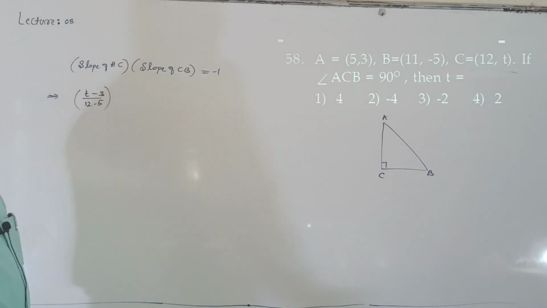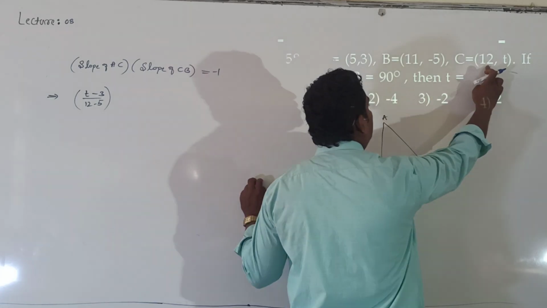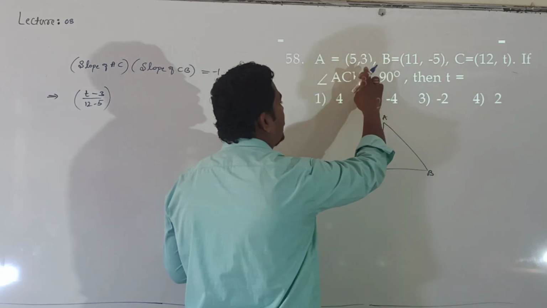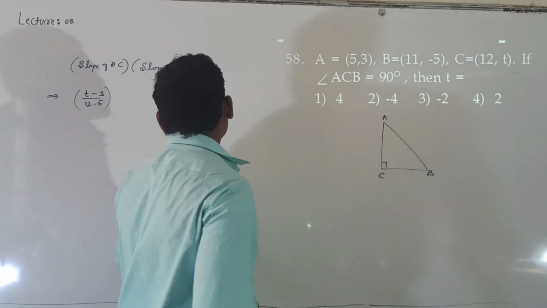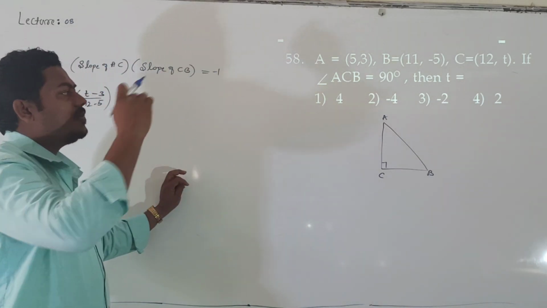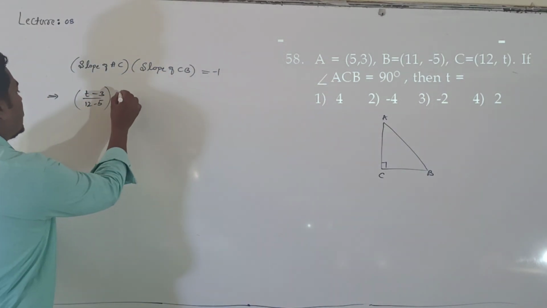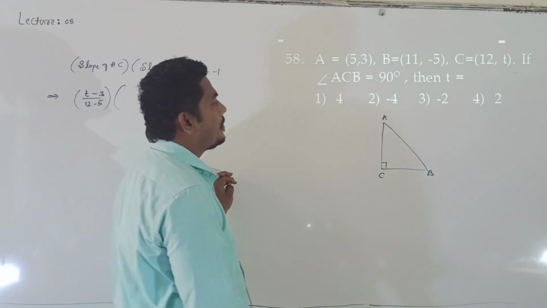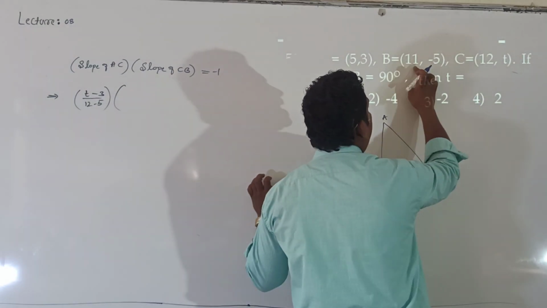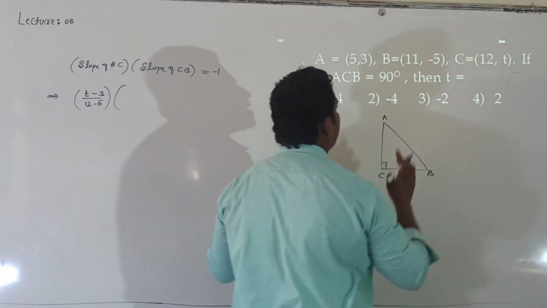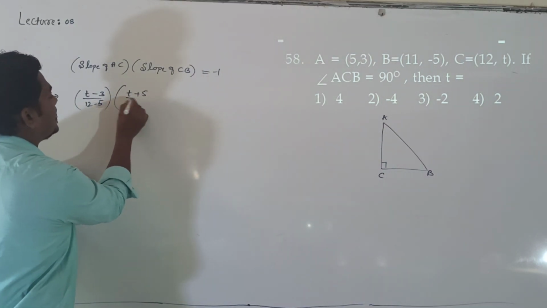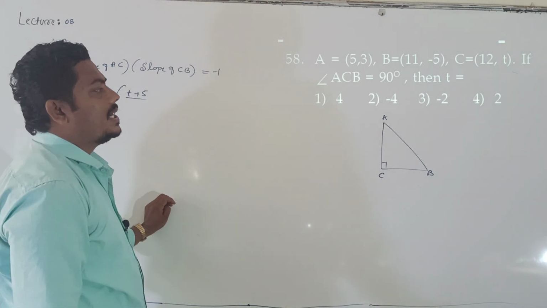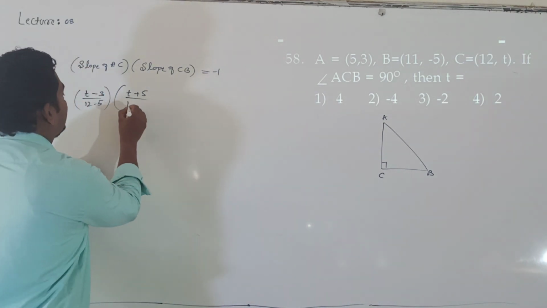Slope of AC, x2 y2, this is x1 y1: y2 minus y1, t minus 3, over 12 minus 5, into, tell me the slope of CB. For CB, y2 minus y1 means t plus 5 only. Minus of minus will be plus. t plus 5 over 12 minus 11.